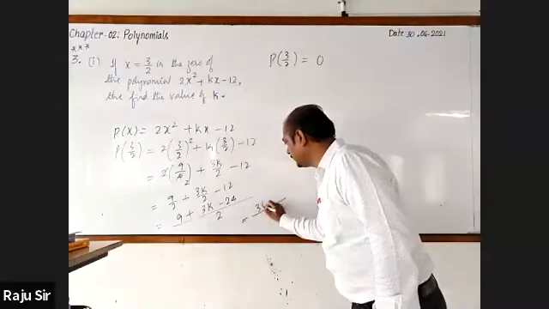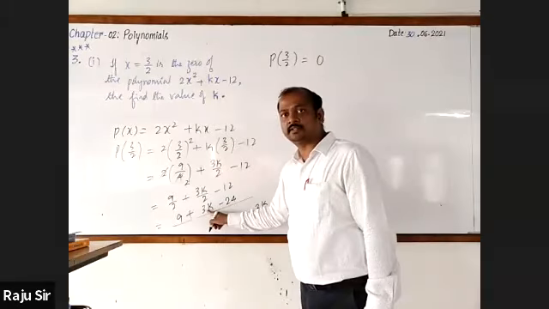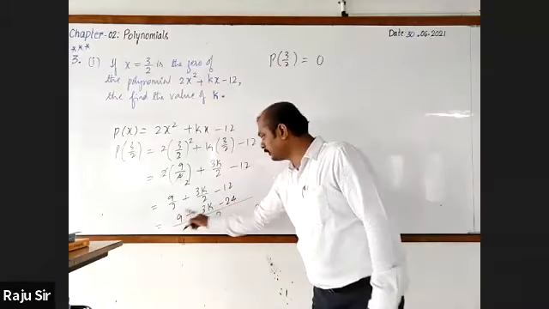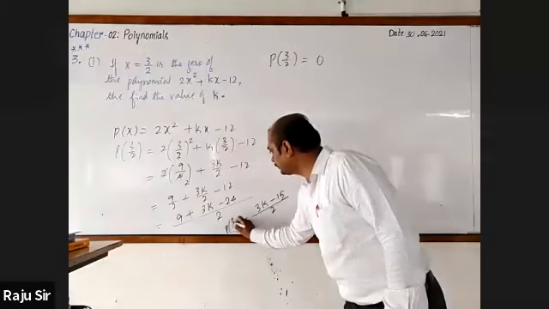I'll write 3k as it is, unlike term. So minus 15 by 2. So this is the value of P of 3 by 2.